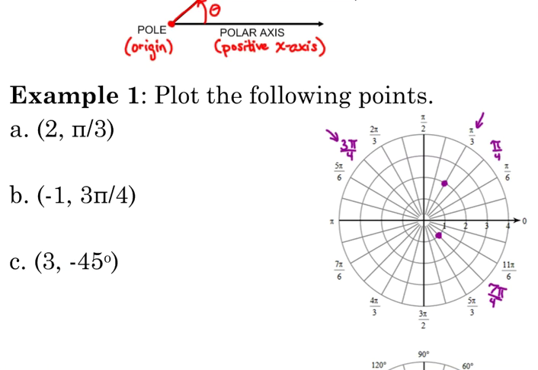Okay, so you start at 3 pi over 4, but because you have a negative radius, you go through the pole, stay on that line, and graph it on the other side. Okay, so that makes you go through the pole. And there's a negative radius.